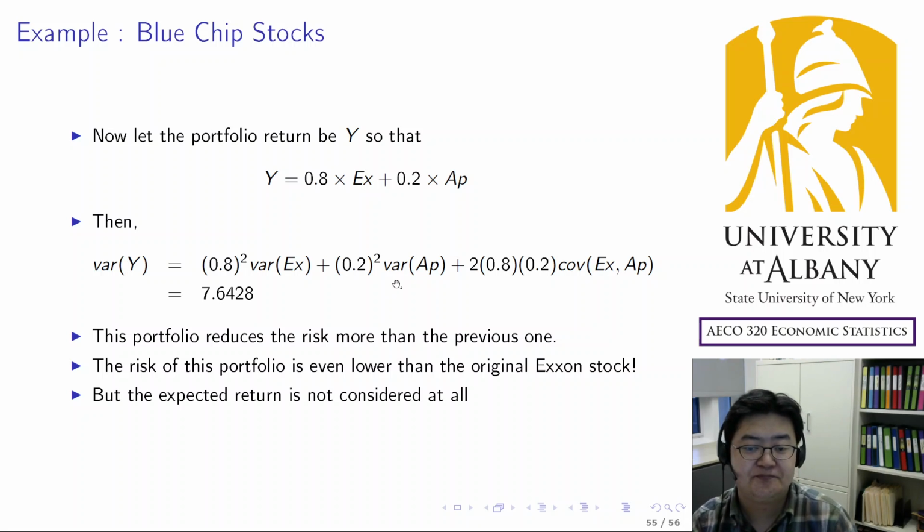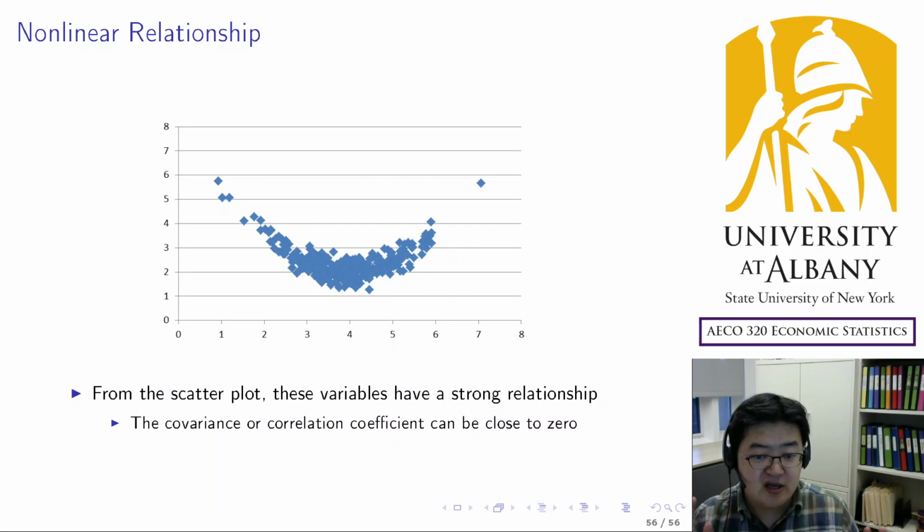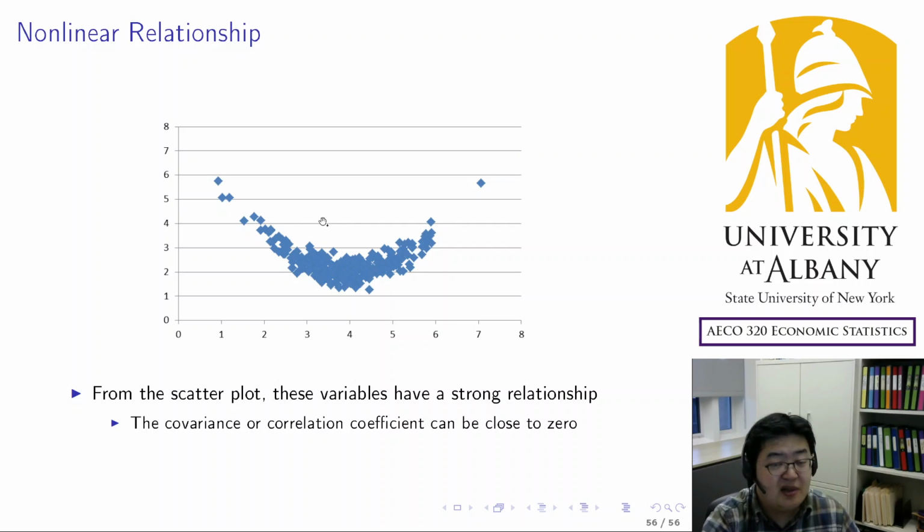single assets. Okay. Finally, again, everything we just considered assumes a linear relationship. Non-linear relationships are excluded; we did not consider them at all. So your analysis could be misleading if your data have nonlinear relationships.